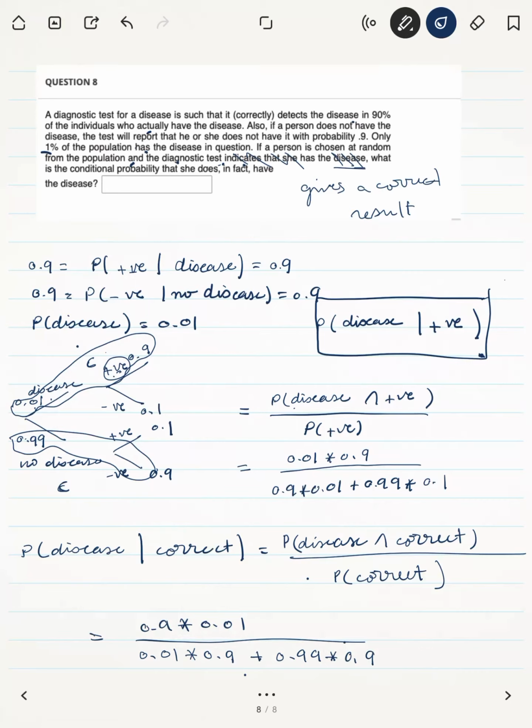Okay? This is just a different way or another question. I solved it with one of the classes using that the test gives a correct result. So this was the question in one of the classes. So I can have the questions written in two different forms, and according to what's given in the question, you should choose which way you're going to solve it.